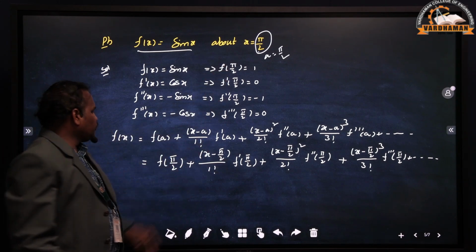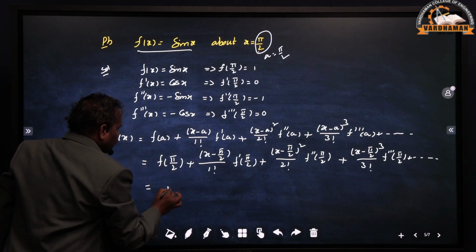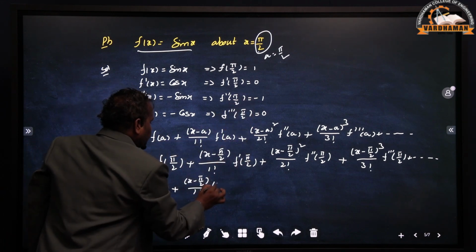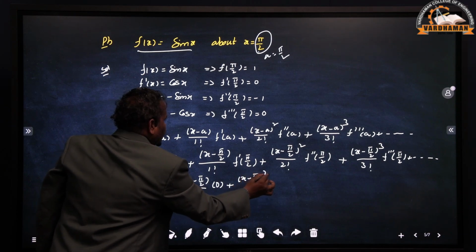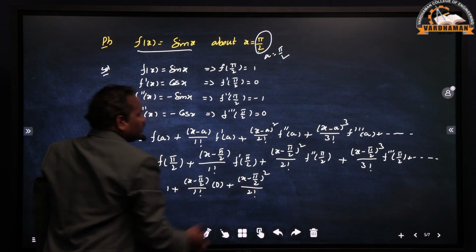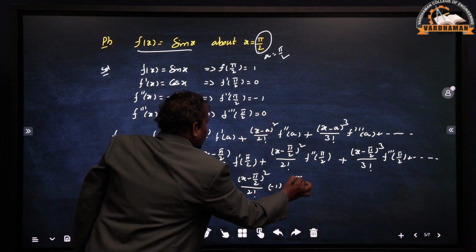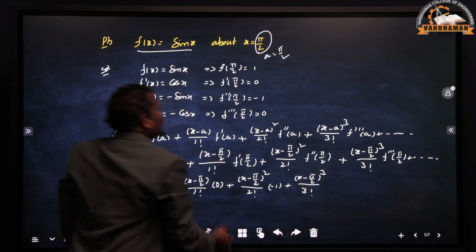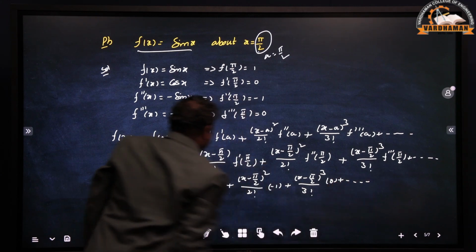Substitute all these values in that formula: f(pi/2) is 1, plus (x minus pi/2)/1! f'(pi/2) which is 0, plus (x minus pi/2) whole squared/2! f''(pi/2) which is minus 1, plus (x minus pi/2) whole cubed/3! f'''(pi/2) which is 0, plus and so on.